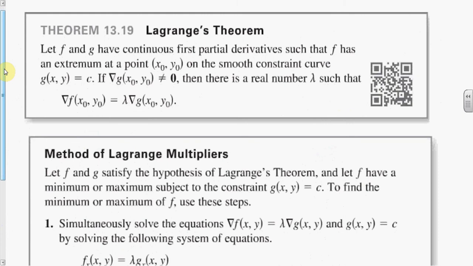Here, if the gradient of g at the point under investigation is not 0, then there exists some real number, lambda, such that it's a go-between, that the gradient of f evaluated at the point is equal to some lambda times the gradient of g evaluated at the point. Now, if you think about it, what he's actually arguing is that the two gradients are parallel. And if they're parallel, they differ by a scalar multiple. The scalar multiple is this lambda, the Lagrange multiplier. That's basically all he's saying.